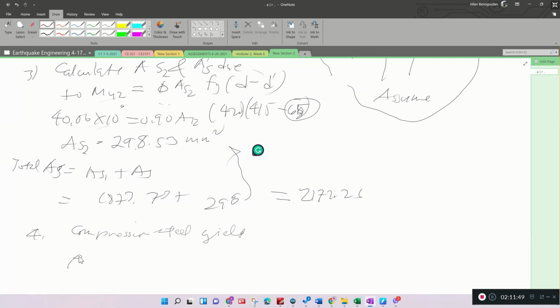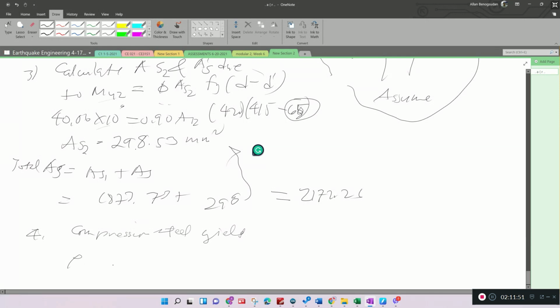Okay, P minus P prime is equal to P1, then 0.85 D sub 1, then F prime C over F prime C, then Fy, then D prime over D, then 600.